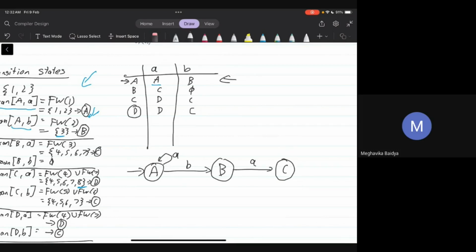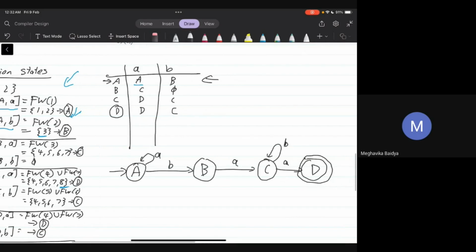C with the input of A goes to D, and since D is a final state, you draw double circles. And C with the input of B goes back to itself.